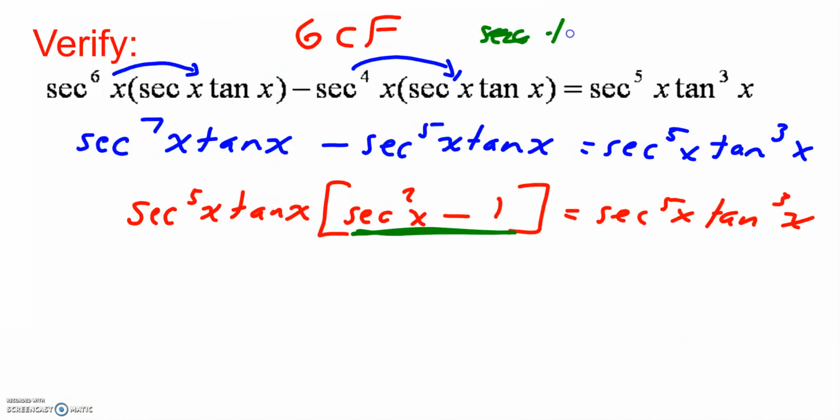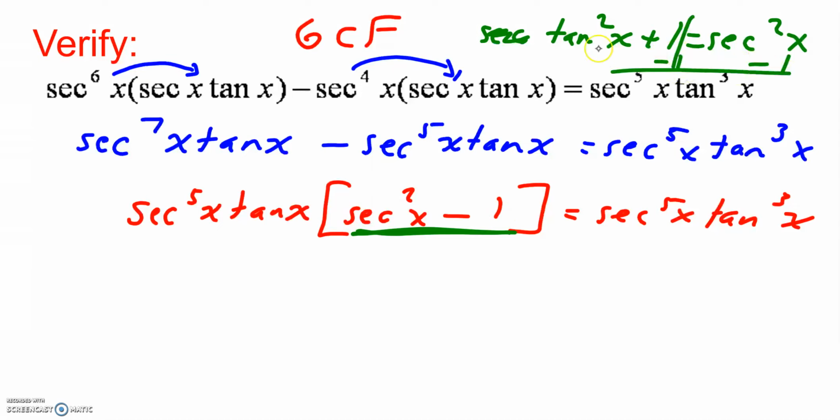I know that tangent squared of x plus 1 equals secant squared of x. So if I want to get secant squared minus 1 on the same side, I would subtract the 1 over, and I would get that tangent squared of x equals secant squared minus 1. So all of this can just be replaced with tangent squared x.